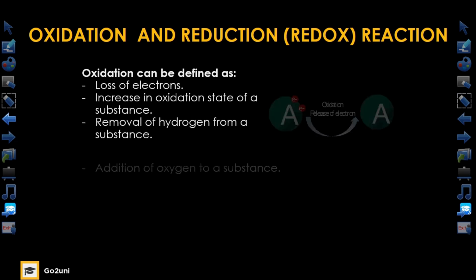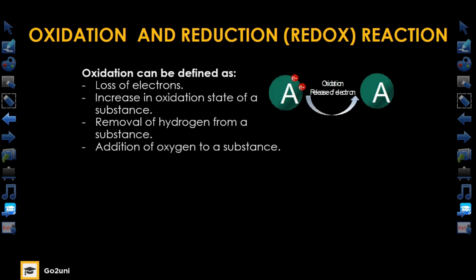First, oxidation can be defined in terms of electron loss, oxidation state or oxidation number, hydrogen, and oxygen. In terms of electron loss, oxidation is defined as loss of electrons. For short, we can simply say oxidation is loss.